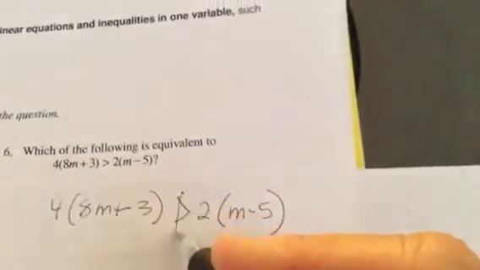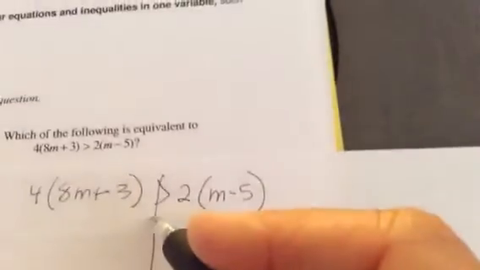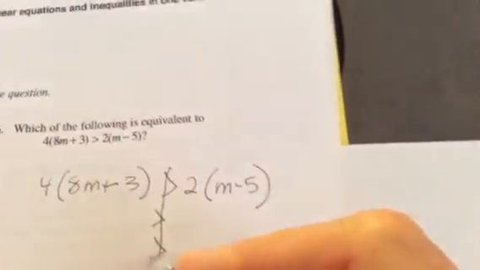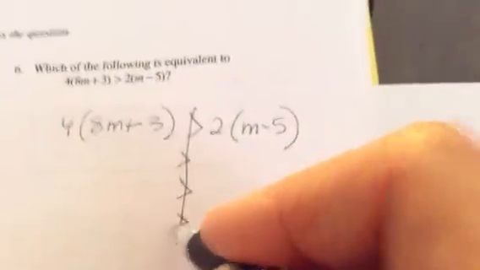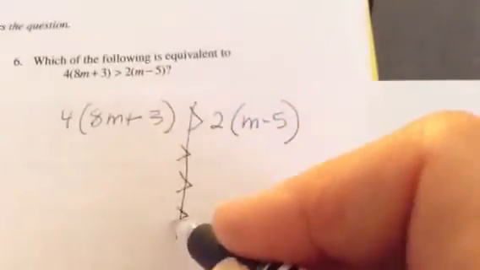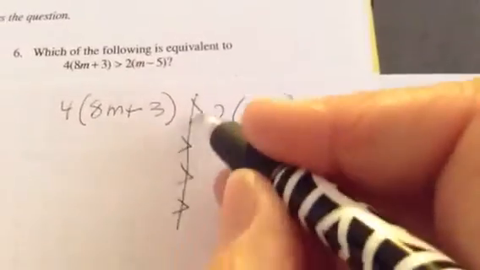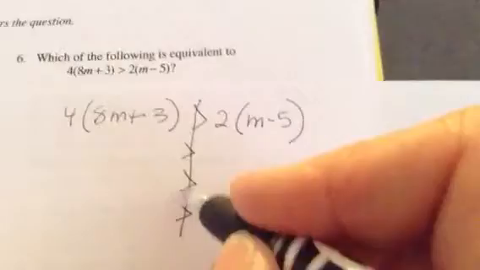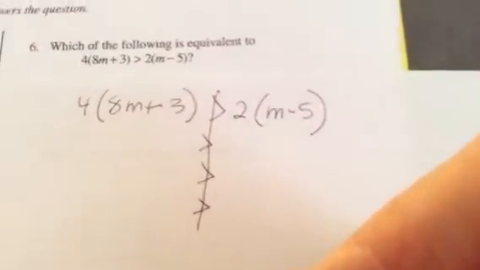Alright, so inequality, put my line down here. I'm going to put my inequality symbols. Last year they called these fish hooks. This looks like a fishing line, and these are the little fish hooks. Whatever.